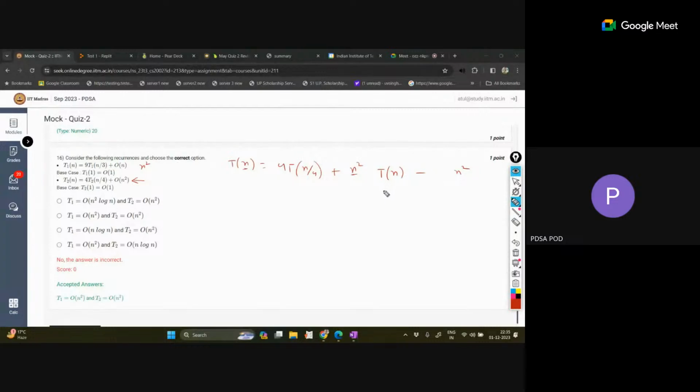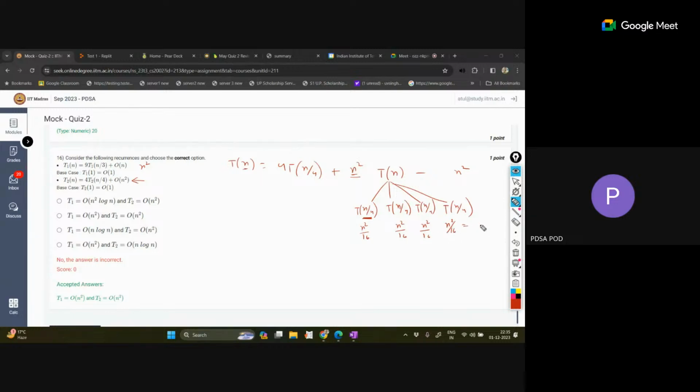In the next level, when we have 4 calls, this T(n/4), and this T(n/4), and the same T(n/4) and T(n/4). In this manner, if we have input n by 4, what would be the total number of steps required? n square by 16. Same here, n square by 16, n square by 16, n square by 16.